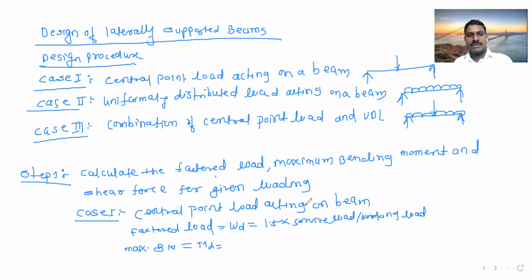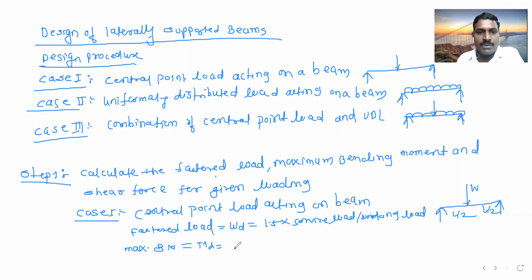If a central point load is acting on a beam, what is the maximum bending moment? Who will tell me? Central point load acting on a beam. This simply supported beam is there. This is L by 2, L by 2. WL by 2 or WL by 4? WL by 4.